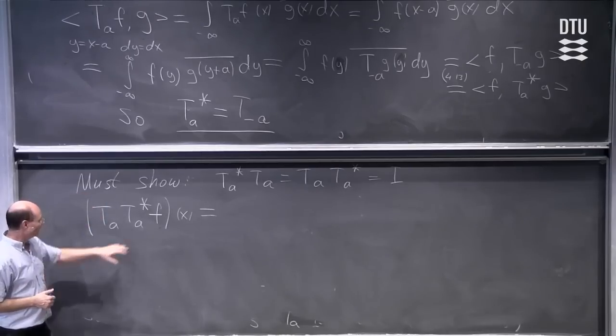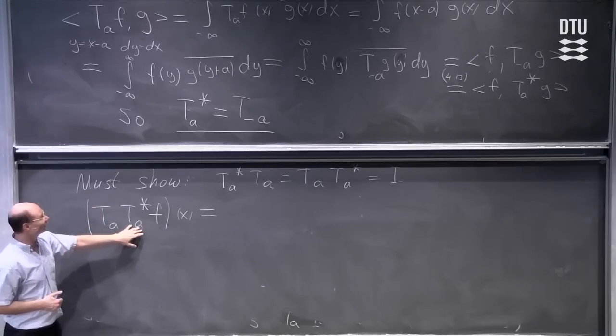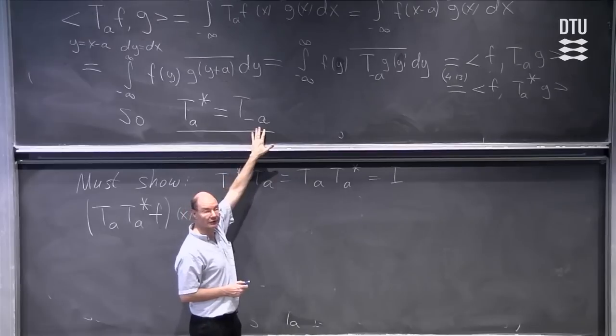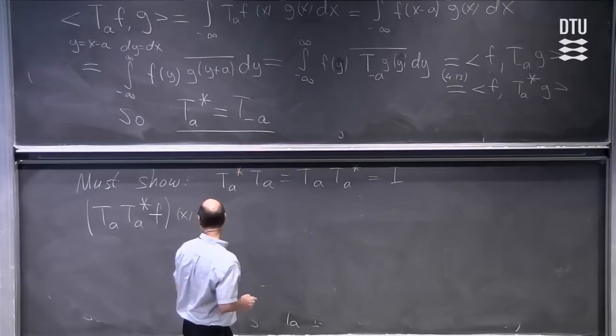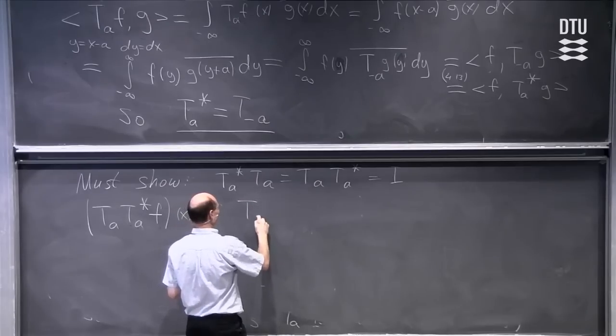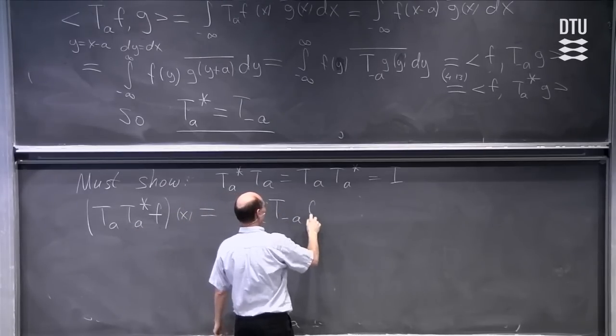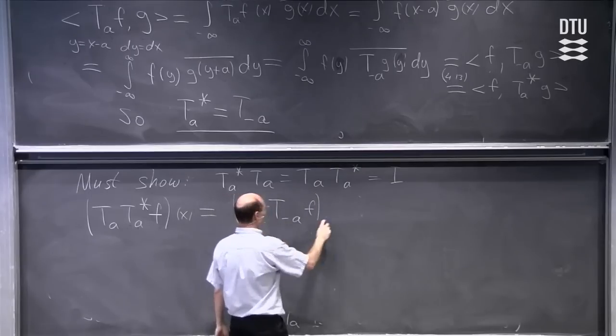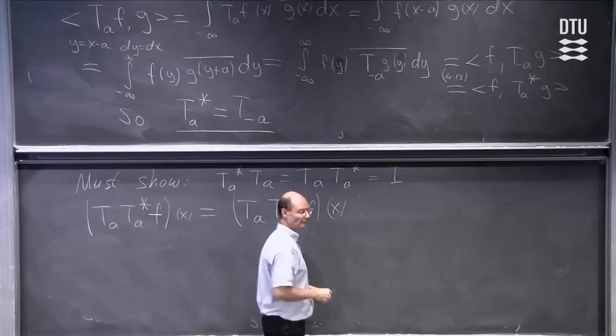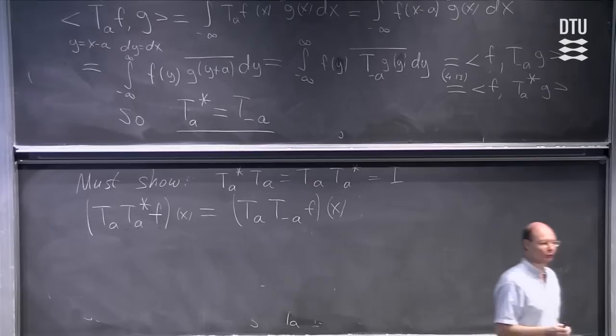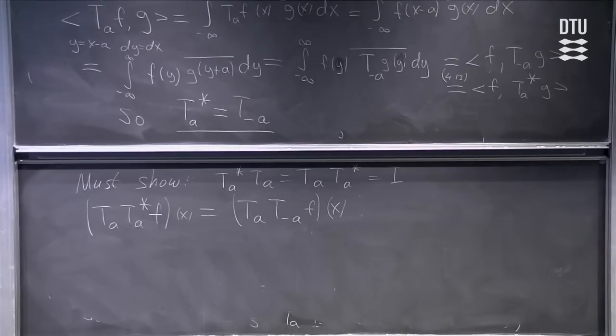Before we do that, let's insert what we know about the adjoint operator, because we have shown that the adjoint operator is just T minus a. So what we have here is Ta, and then the adjoint operator is T minus a f of x. So now the question is, do you really want to do some calculations, or you will just say this is the same as f of x?